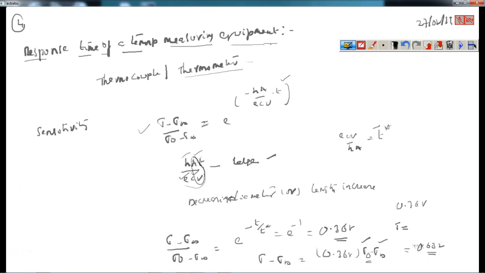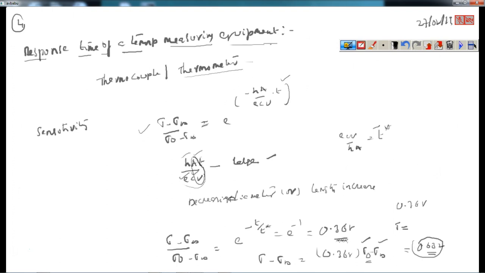Now I'll try to define the sensitivity. Are you following right now? This (T minus T infinity) over (T zero minus T infinity) is equal to e to the power of minus 1, that is equal to 0.368.